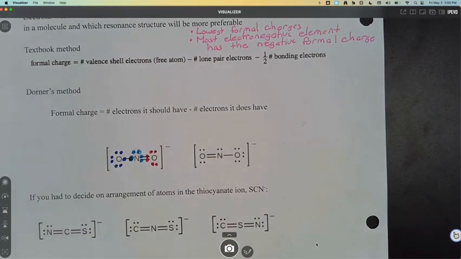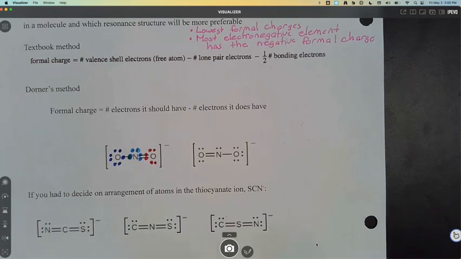So I basically take the electrons in the Lewis structure and give possession of all the electrons to each element. And if there's a bond, one element gets one of the electrons, the other element gets the other. And then I think about what the element should have for valence electrons and what it currently has. So if I look at oxygen on the periodic table, oxygen's in the 6th column.